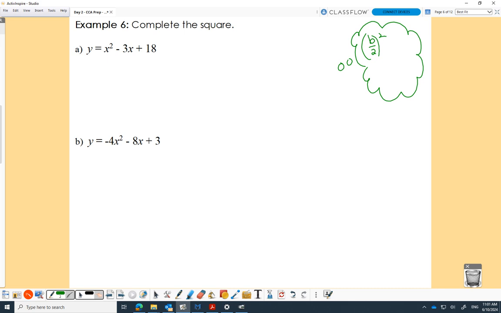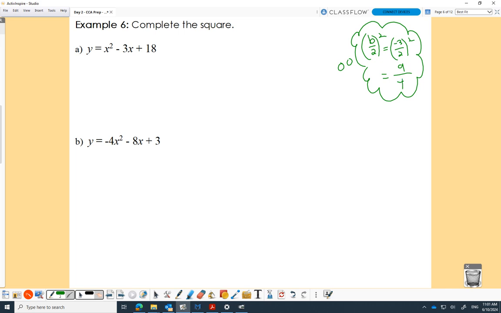But here it's negative 3 divided by 2, squared. Ah! It's not a whole number. But what is negative 3 squared? 9. Not negative 9, positive 9. And what's 2 squared? 4.